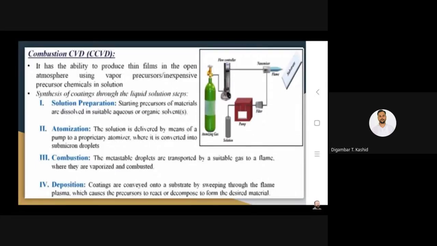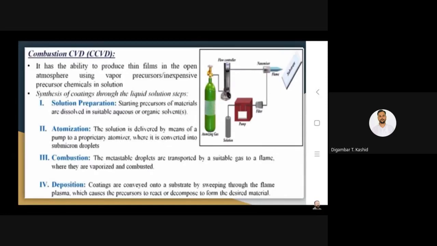This is the first step, starting with precursors of metals dissolved in a suitable aqueous or organic solvent. So here we are putting the solution in, and the solution is pumped to a particular nebulizer, or gun, which spreads the material onto the surface itself.